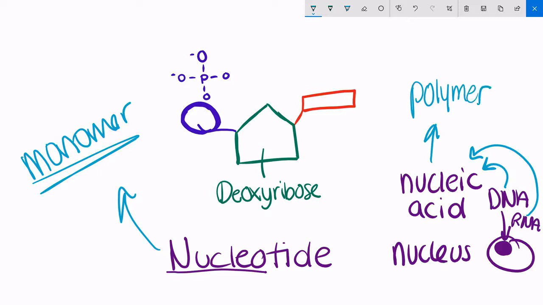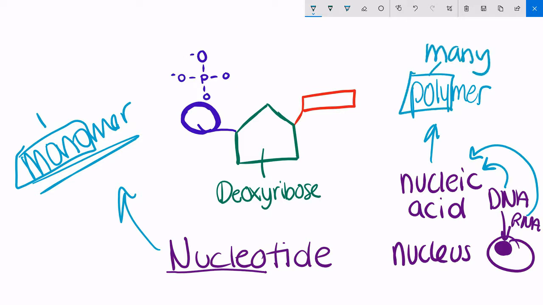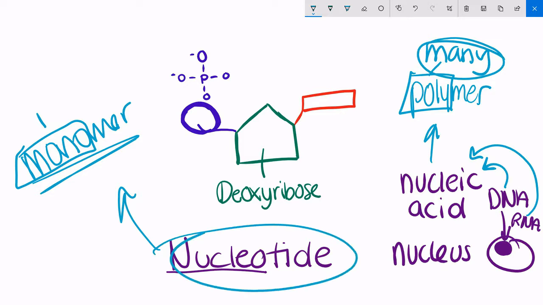Mono meaning one, and poly meaning many. Because nucleic acids are macromolecules. Other macromolecules you might know are carbohydrates, lipids, proteins. So that macromolecule, that big thing, is made up of many of these small nucleotides. So let me explain to you how these all fit together.